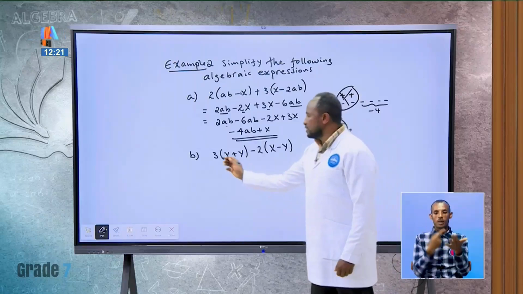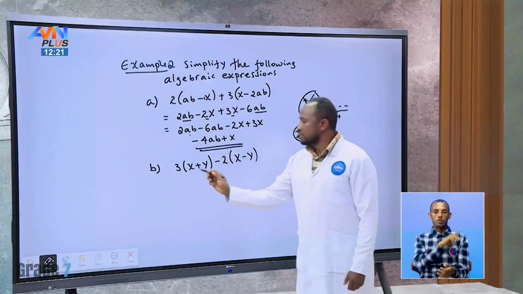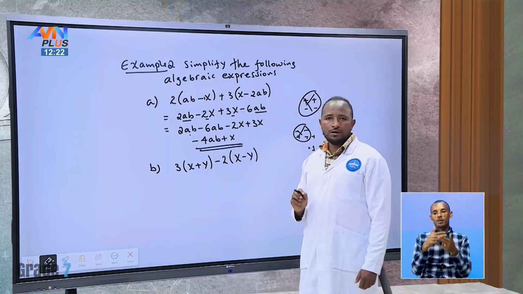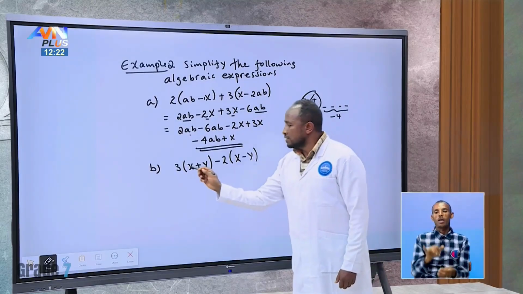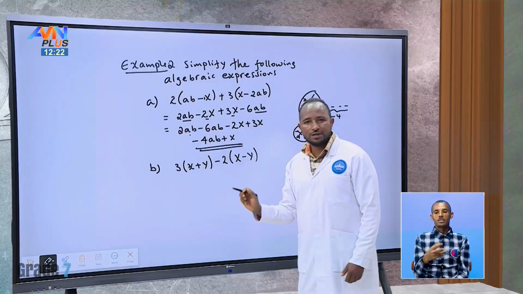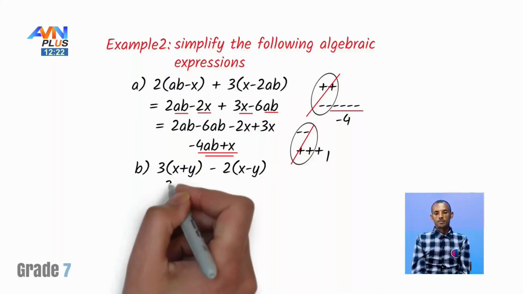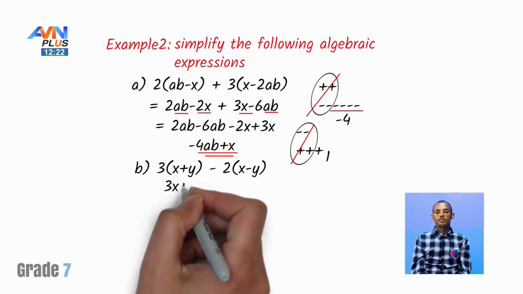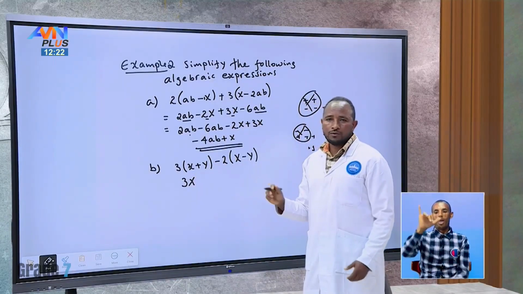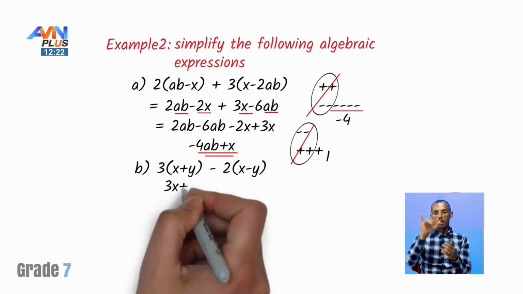Here, using the distributive property, you can distribute 3 on both x and y. The coefficient of x is 1, so you multiply 3 with 1. 3 times 1 is 3, so 3x. 3 times y, or 1y, you have 3y.